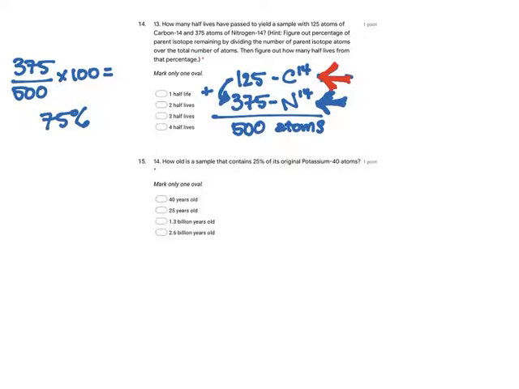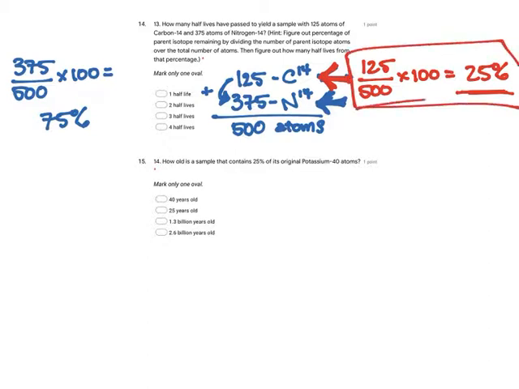So we could also approach it and say 125 of the carbon atoms over the 500 total would give us our 25% of the remaining parent isotope. And I'd probably approach it this way as opposed to what we did earlier. Either way is fine, but you really want to focus in on the number of atoms remaining.